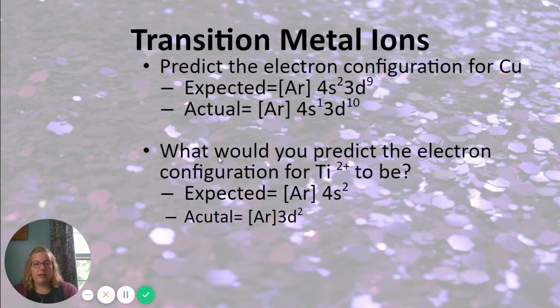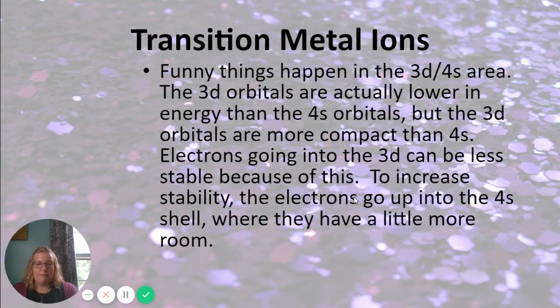If I take this copper and turn it into copper 2+, its electron configuration would actually be 4s0, those electrons gone, and then 3d9. Again, crazy transitions are happening in this situation. So there is electron fluidity between layers depending on what's beneficial for its energy stability. Just something to keep in mind.